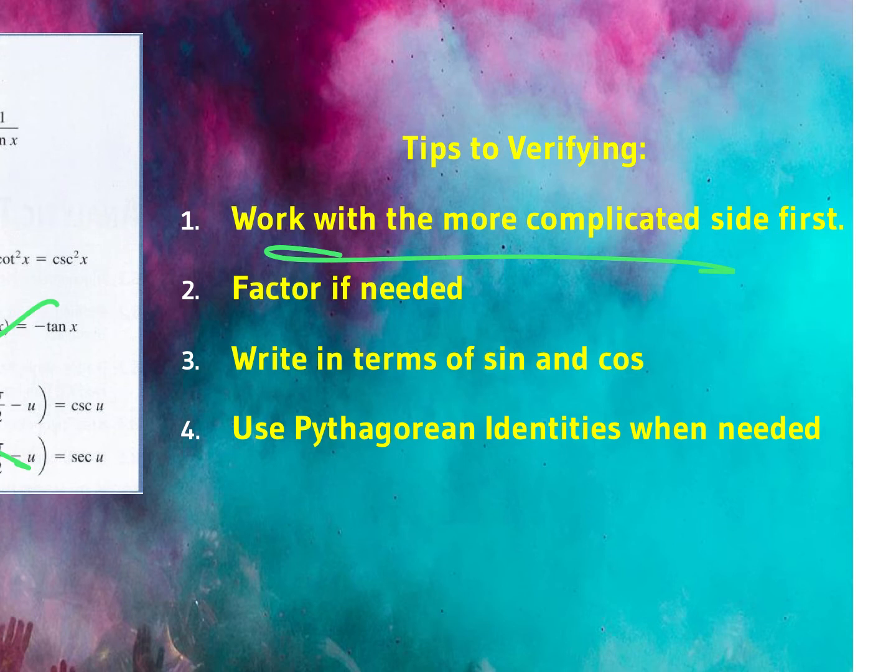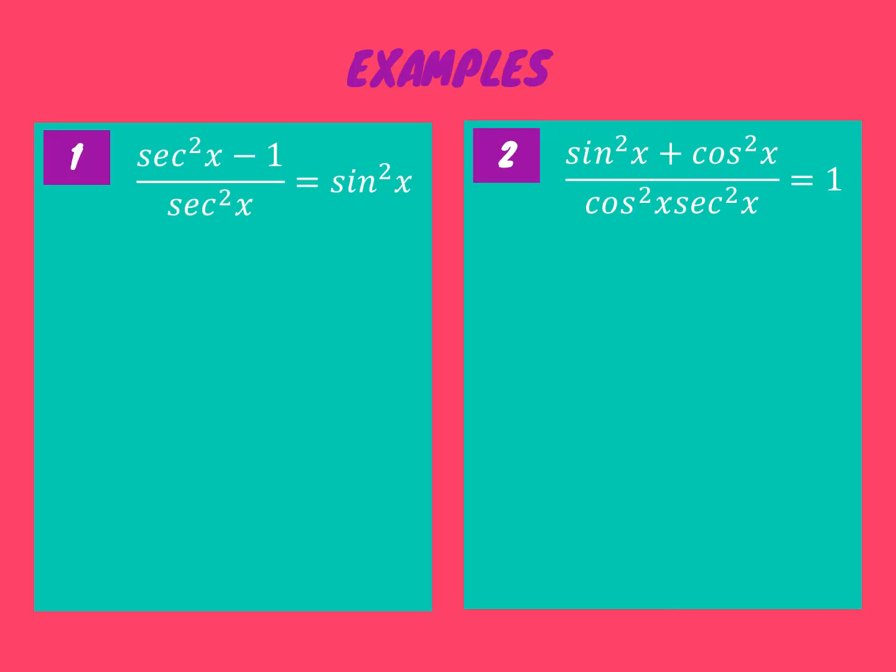A good tip is to try to get everything in terms of sines and cosines. So if you have reciprocals, change them to the reciprocal that involves either a sine or a cosine. And then also use Pythagorean identities when needed. You'll be doing substitution with those Pythagorean identities, and you may even have to multiply by a conjugate. So let's go ahead and let's try some examples.